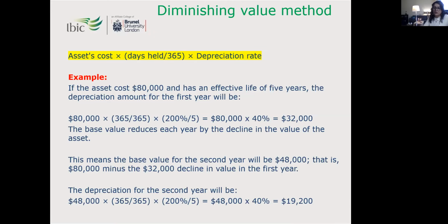So overall, the depreciation for the second year will be 48,000 multiplied by 1, and then the depreciation rate, which is going to be $90,200.